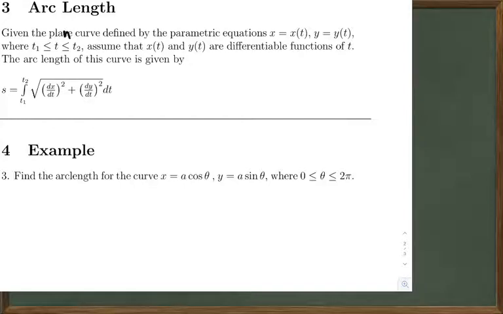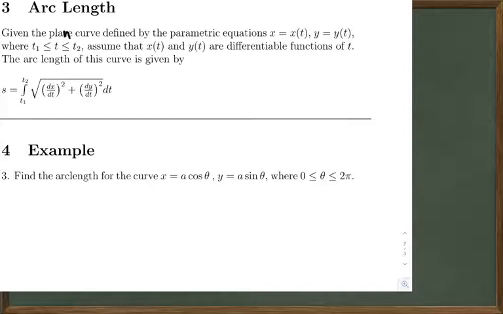Assume that x of t and y of t are differentiable functions of t. The arc length of this curve is given by s equals the integral from t1 to t2 of the square root of dx dt squared plus dy dt squared. And I believe your textbook has a derivation of the arc length formula. So let's go ahead and try it out.